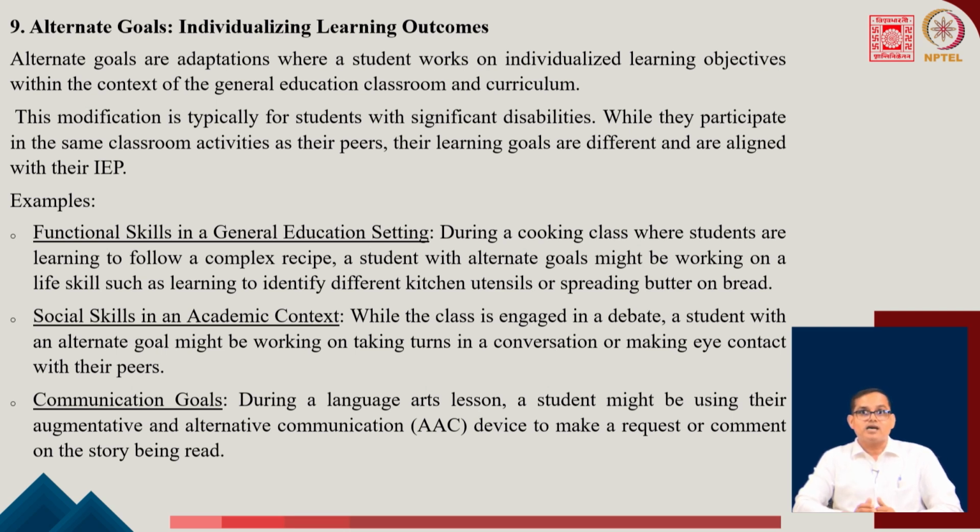While the class is engaged in a debate, a student with an alternative goal might be working on taking turns in conversation or making eye contact with their peers. Communication goals. During a language arts lesson, a student might be using their augmentative and alternative communication device to make a request or comment on the story being read.